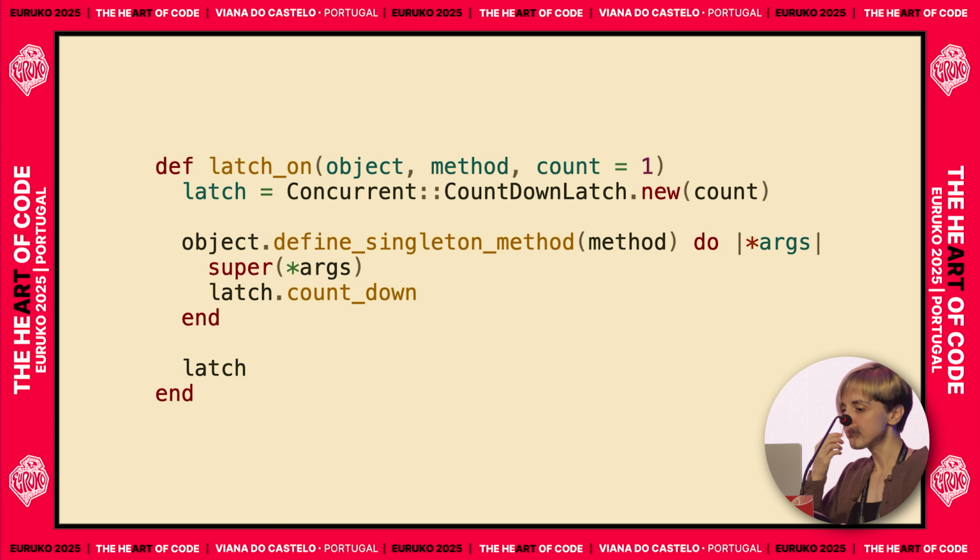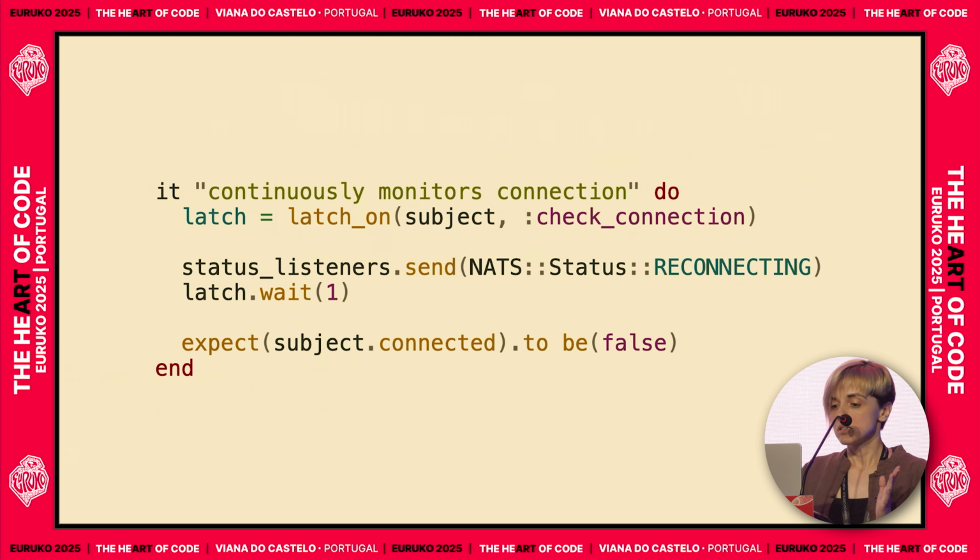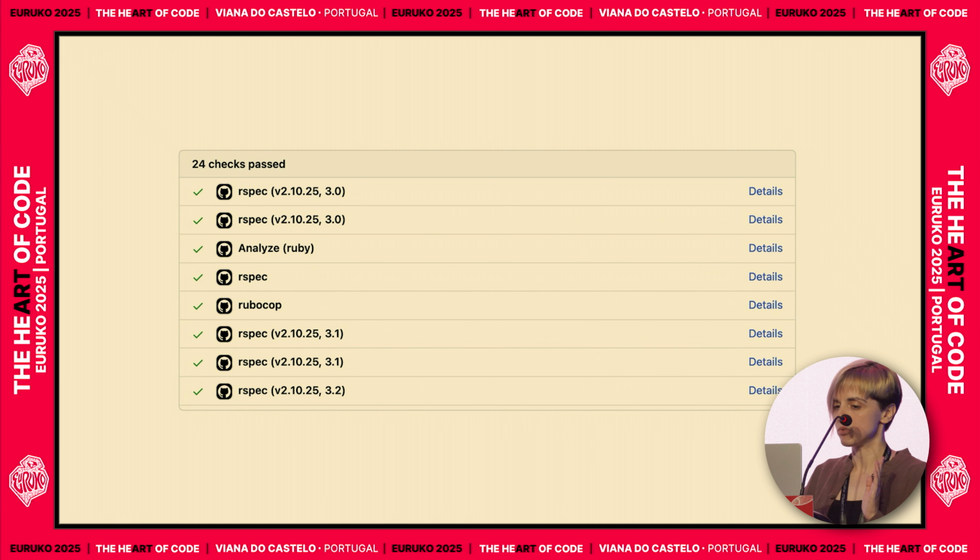In the test, we can simply redefine our methods and put the countdown latch after all the logic finishes. We don't need to touch any source code. Yeah, here it is. We just plug it into our test, and then we rerun them and watch them pass without a hitch. So that's a cool thing.